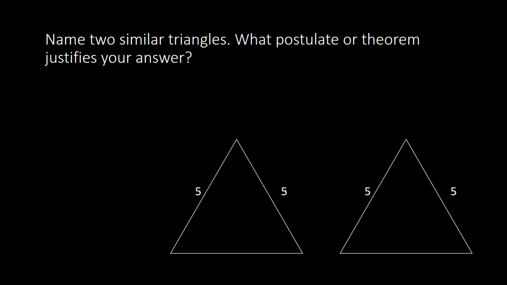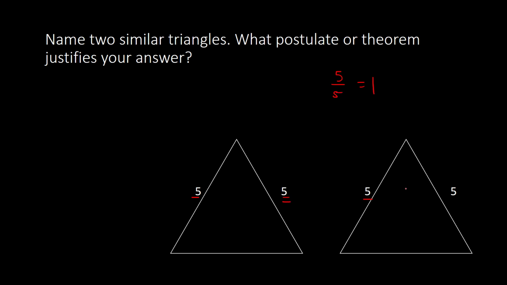Here's another example, and we see that we have two sides that are the same as two sides of the other triangle. And the question is if we have similar triangles, and if so, to name them, and then what postulate or theorem justifies our answer. Well, in this case, we only have two sides given to us. So this side and this side, if those are corresponding, the ratio would be 5 to 5, or 1 over 1, or just 1.